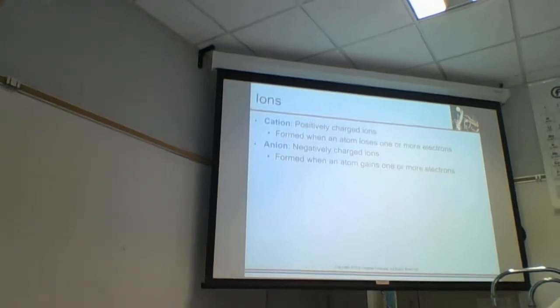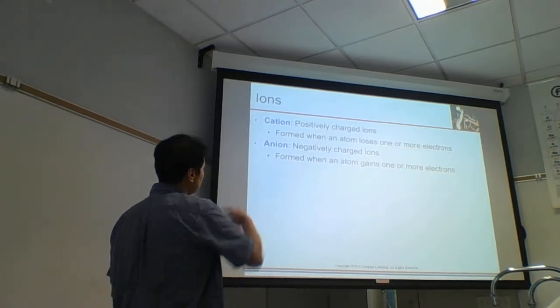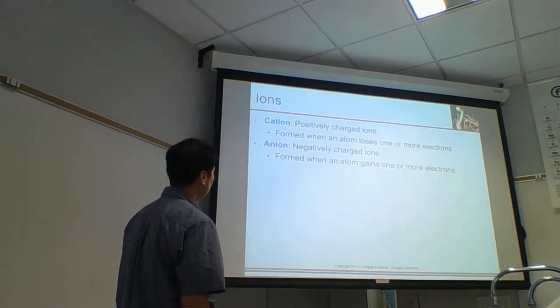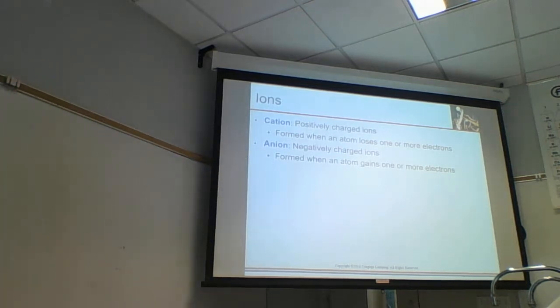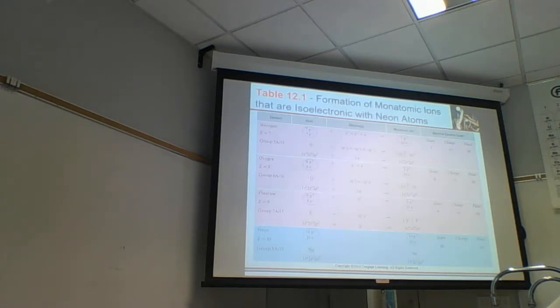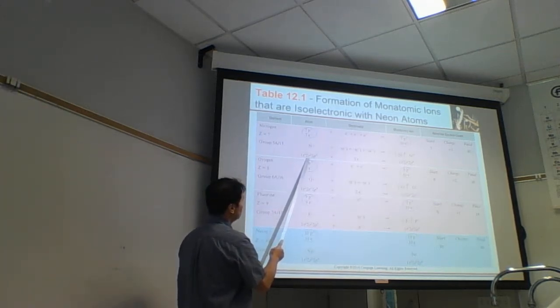All right, with chapter 12, we're looking at bonds. So chapter 12 starts off forming ions, cations and anions from the elements. If we look at nitrogen, its electron configuration is 1s2, 2s2, 2p3.